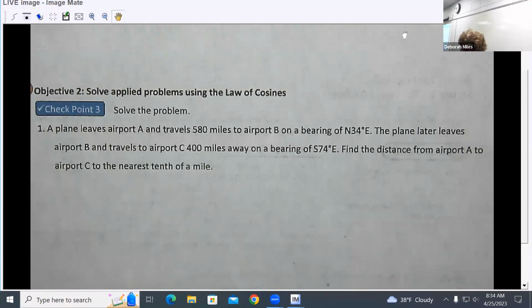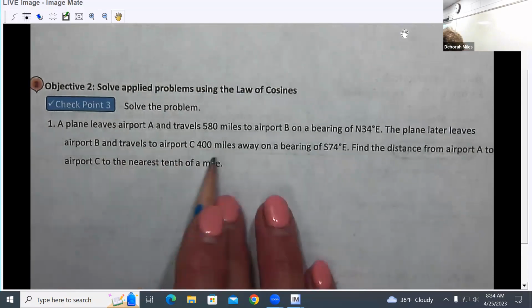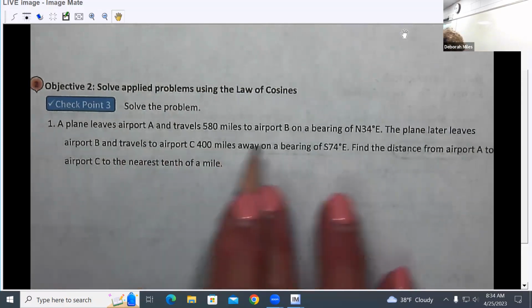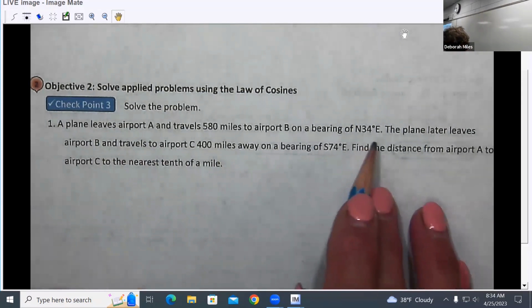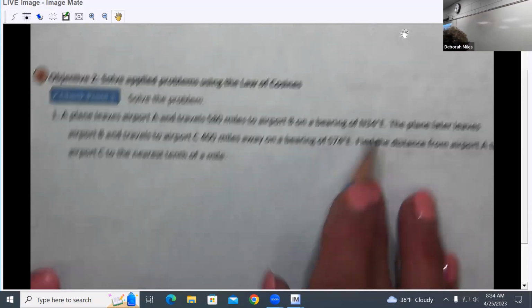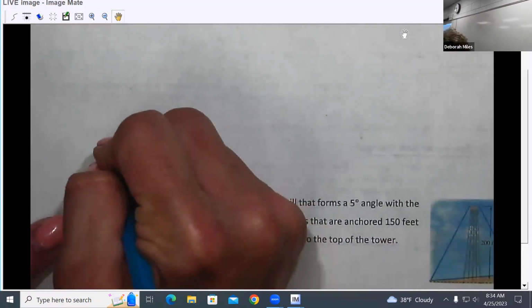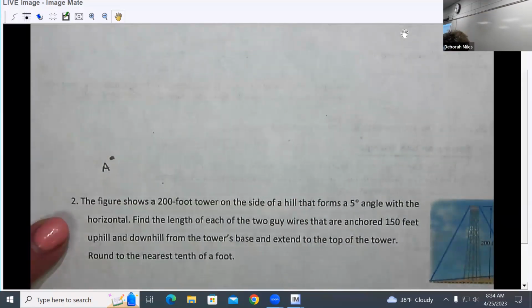I really should use a pencil. Pencil, got one. Okay. The plane leaves airport A and travels 580 miles to airport B on a bearing of 34 degrees east of north. Since my plane is headed north, I'm going to put my airport A down here so it has room to go north.